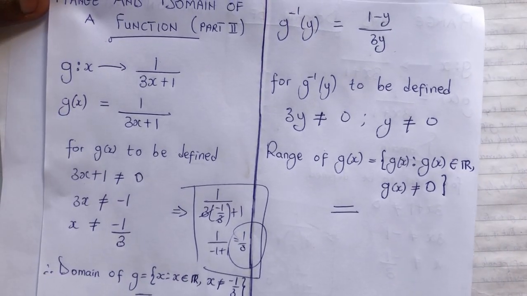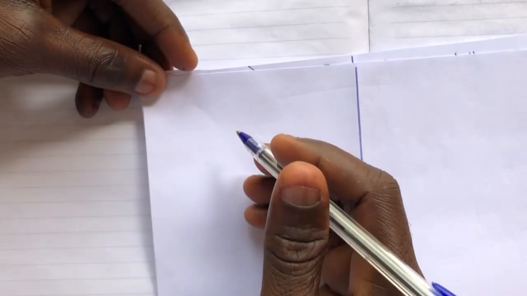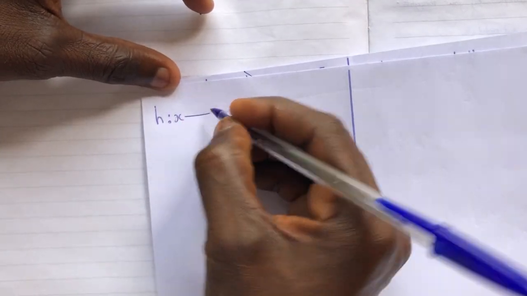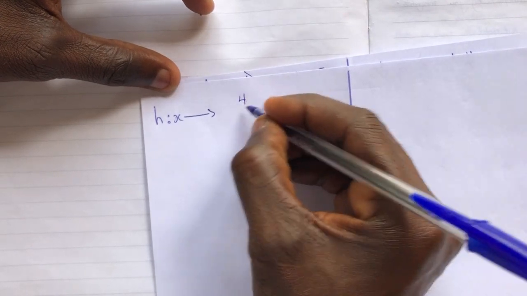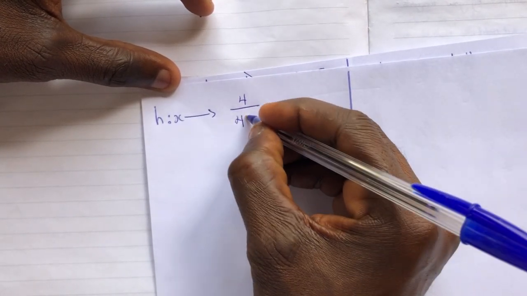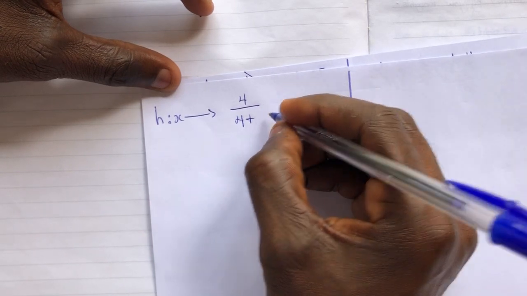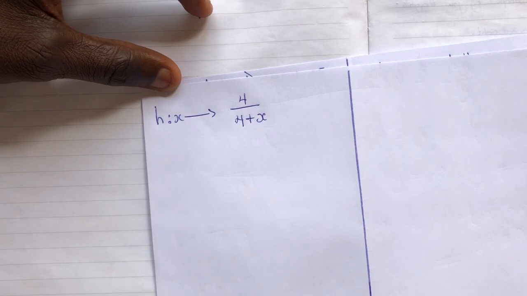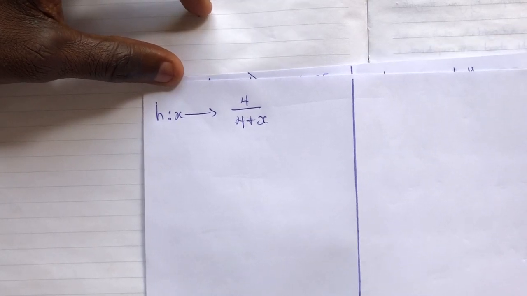Let's take another example and see what we can do. Let's say we have been given a function h mapping x to 4 out of 4 plus x, and then we need to find the range and the domain.